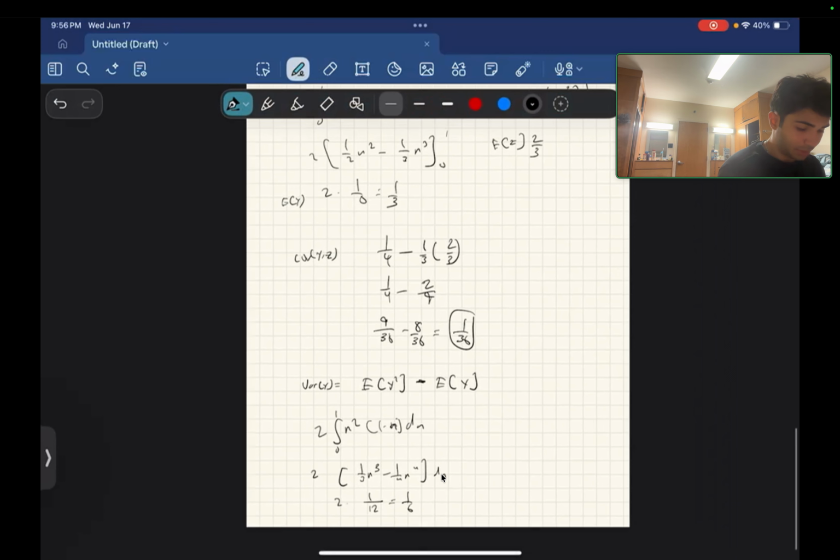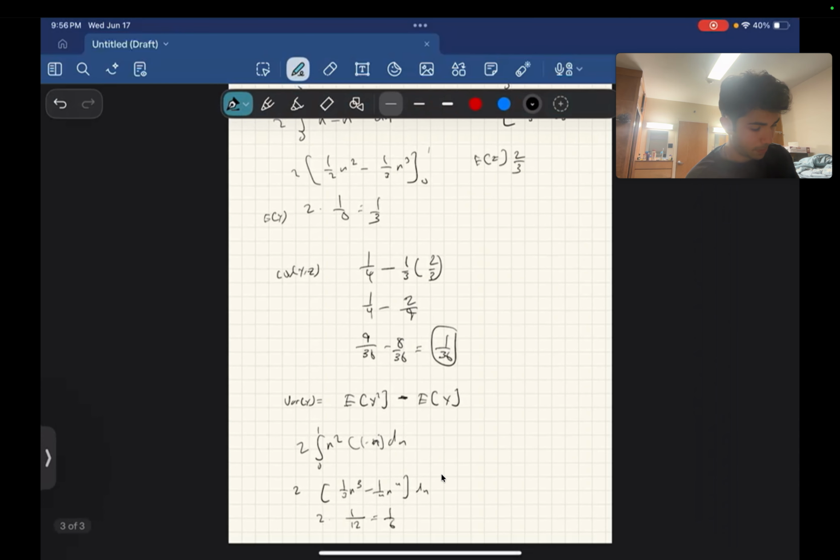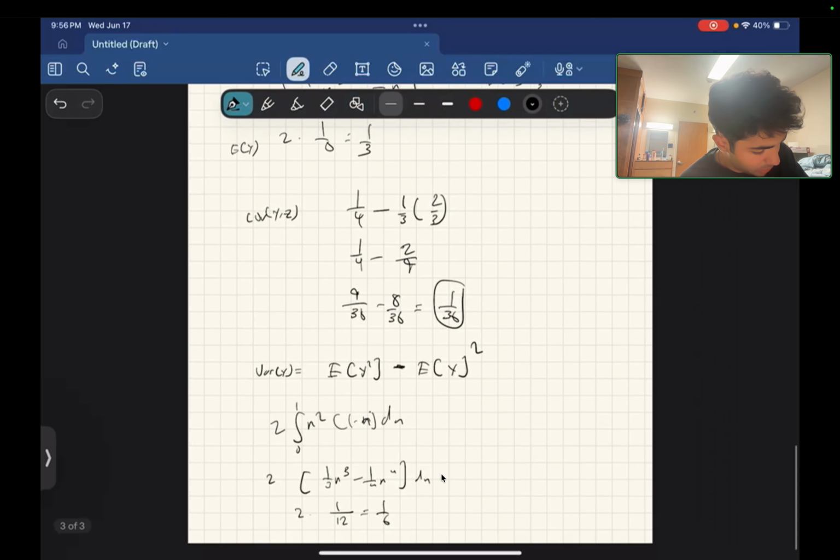And then the expectation of y we said was 1/3. Is that legit? 1/6 minus, okay, expectation of the whole thing squared. Yeah. Okay. So it's going to be 1/6 minus 1/9, 3/18 minus 2/18. It's going to be 1/18.